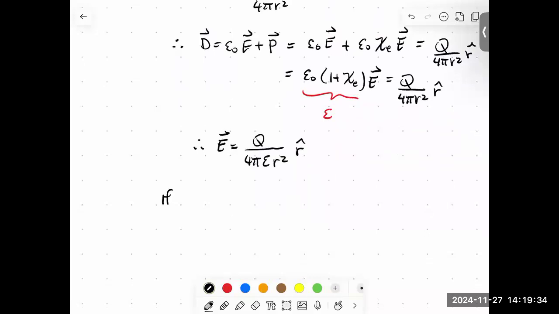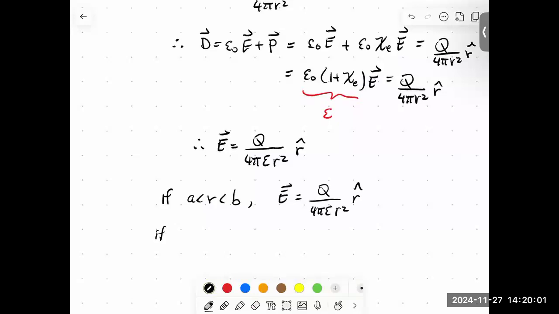If we have a position where we're inside the dielectric, so r is between A and B, then we have this exact result. Sorry, muscle memory puts a little knot at the end of my epsilon.